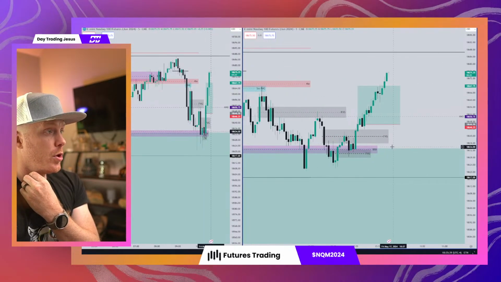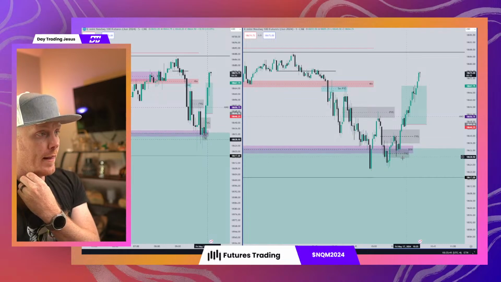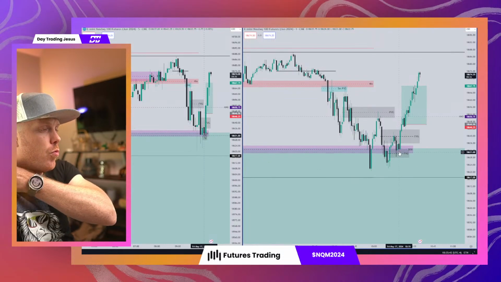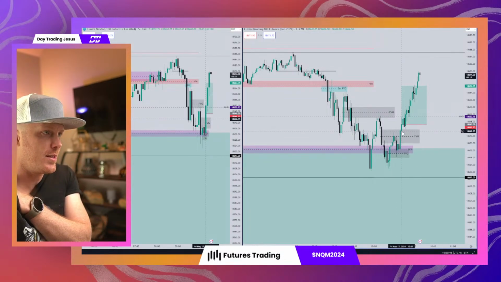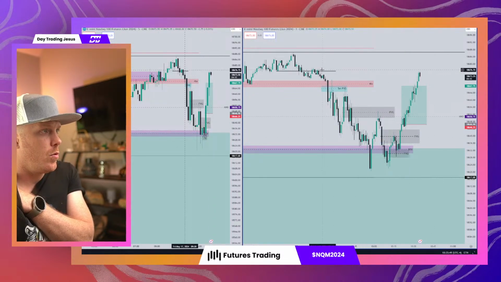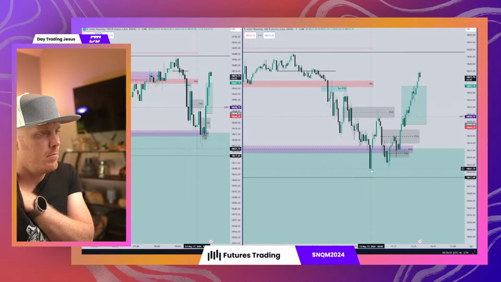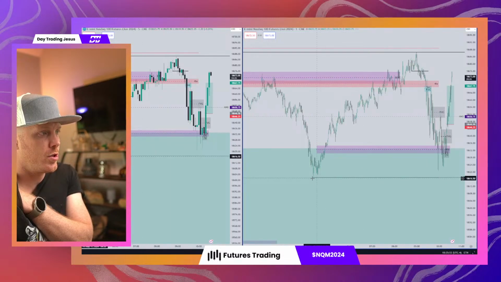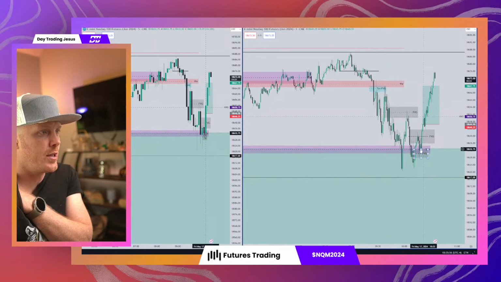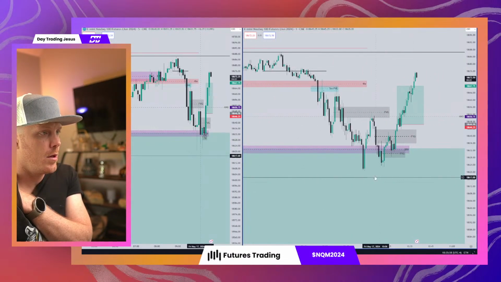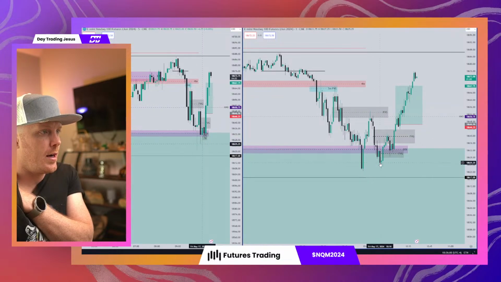So you can put it in your notes on why this was an A plus setup. Here's why. We made a low. We didn't make the lowest low of the day, but we entered into this daily fair value gap. We made a higher low, which makes this a B plus setup. I'm not interested in that.